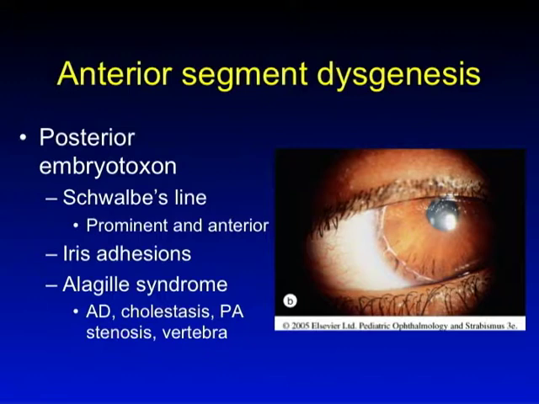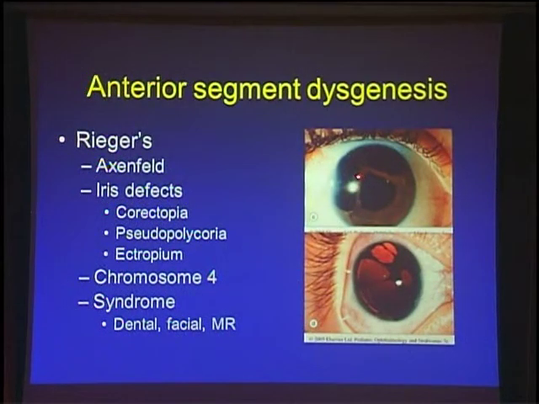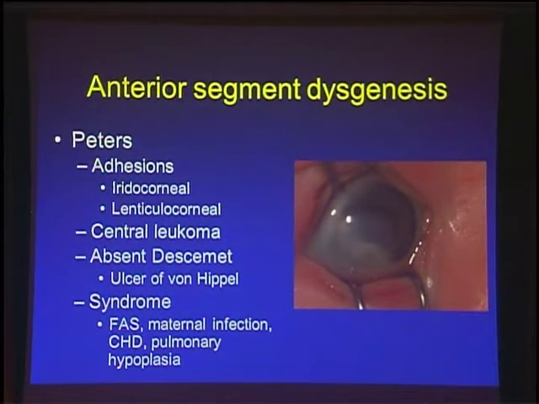Now, this embryotoxon associated to pupillary abnormalities, like you see here, this is very dramatic, and it doesn't need to be this much. It can be just like a secondary pupil or a pupil that is dragged. This is what is called Rieger's. So you have the Axenfeld abnormality, which is the embryotoxon, plus the iris abnormality. That's basically Rieger's. And then we have the last one, which is Peters.